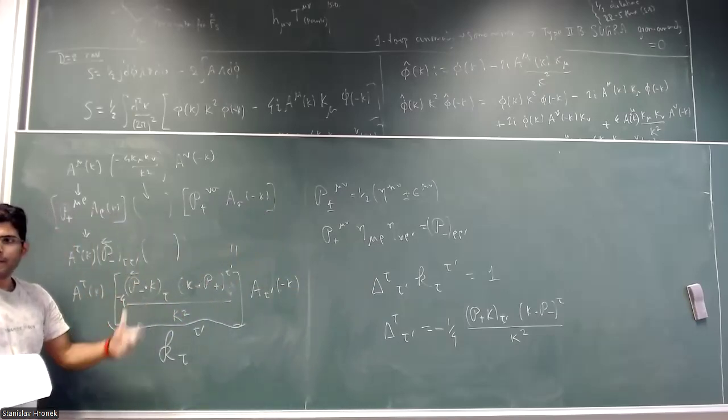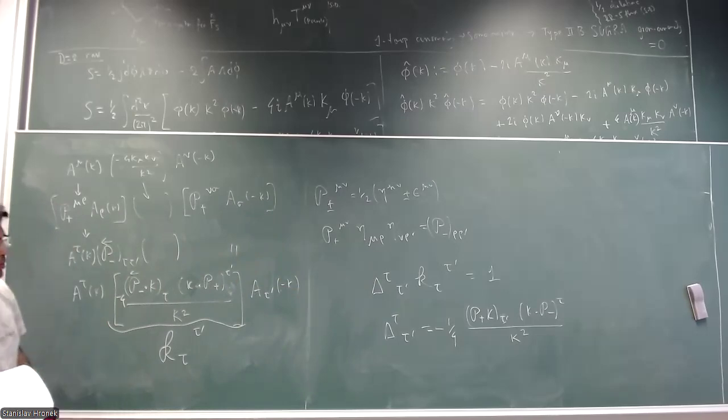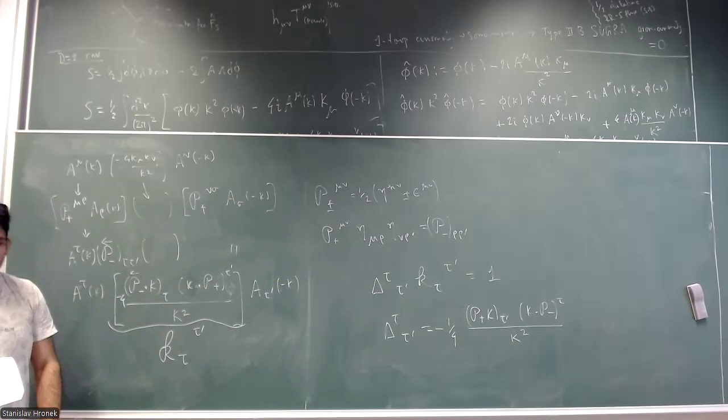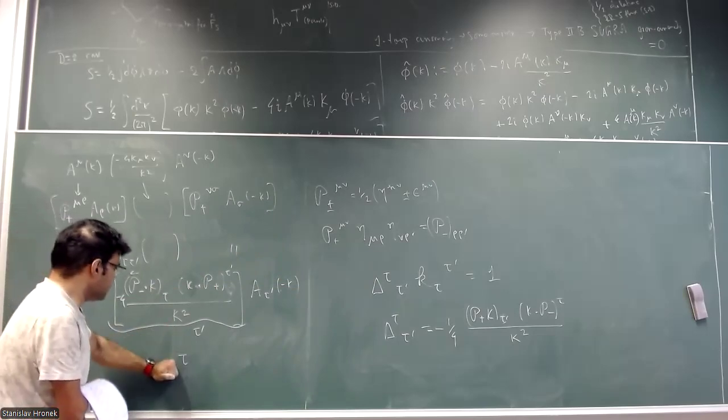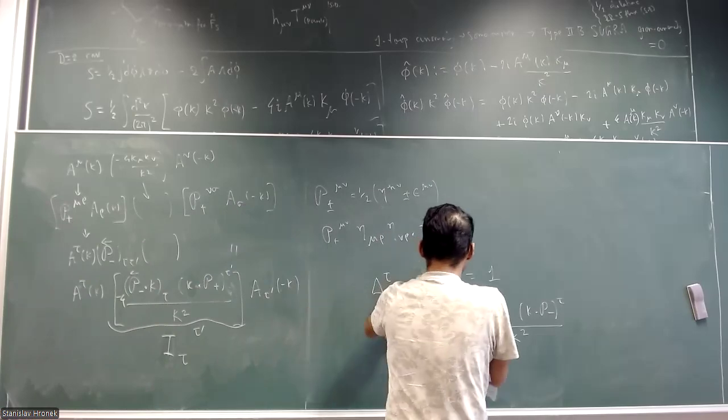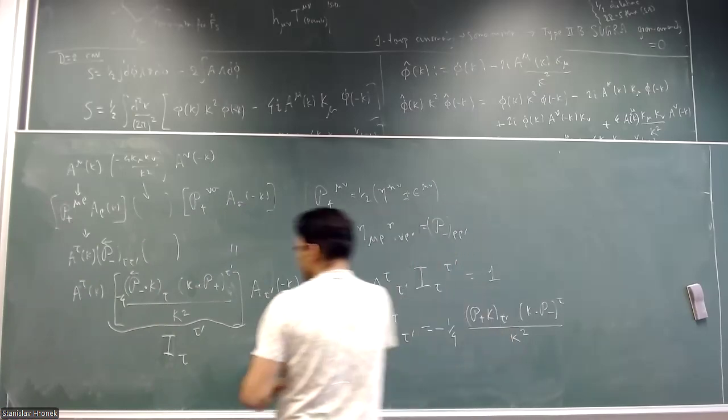But why has K actually... Which K? This colored K? Because it's contracting with one A. Oh, exactly. Maybe K is not a good symbol, so let me call it some uppercase I. Now I think there is one flaw.